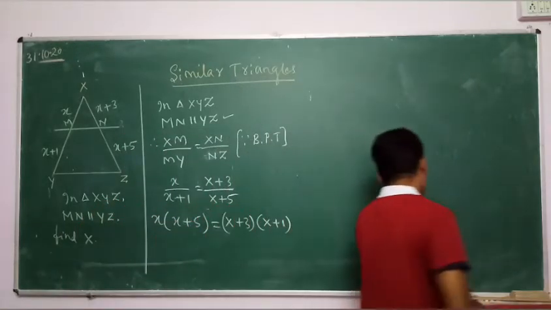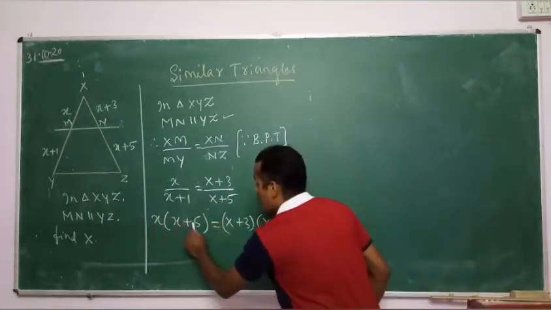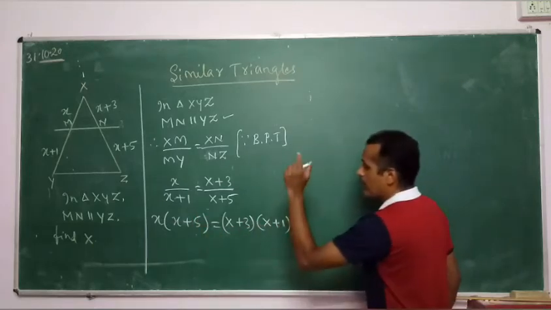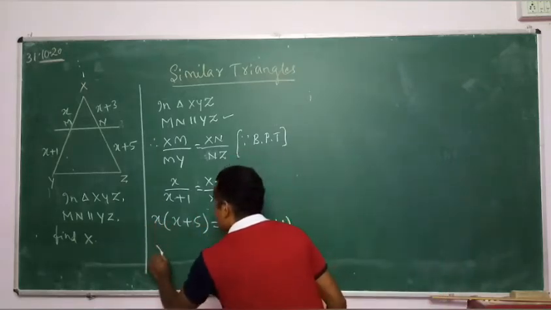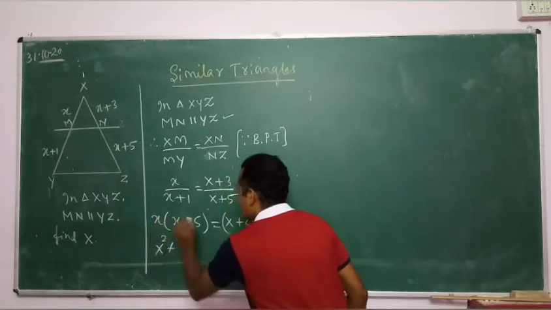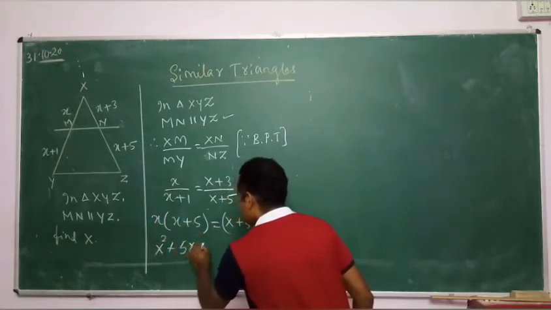Come on. This is monomial into binomial, and binomial into binomial. Multiply. x into x square, x into 5, 5x.